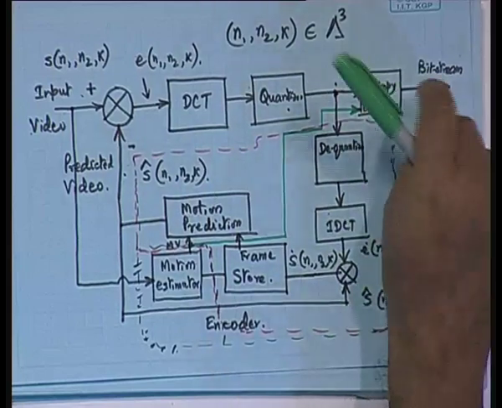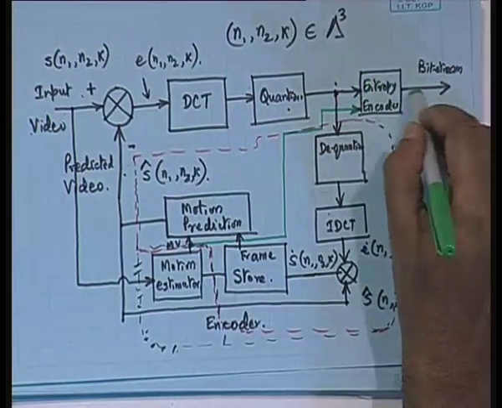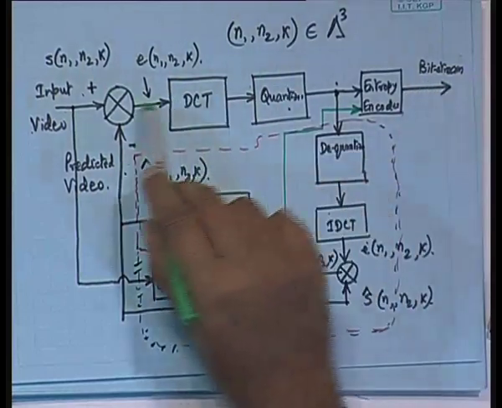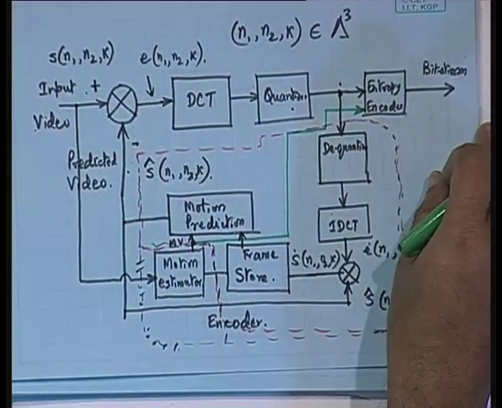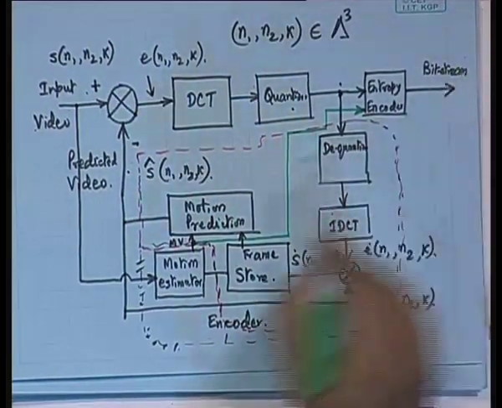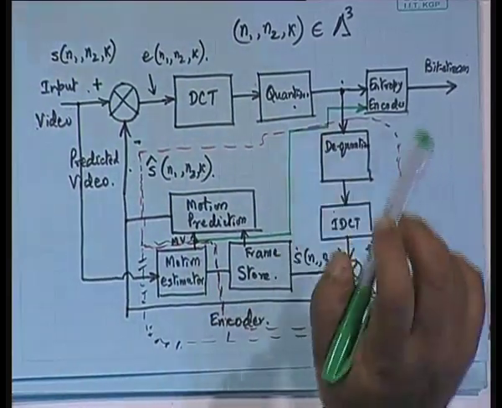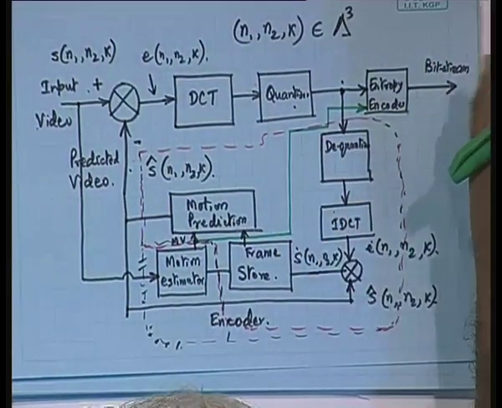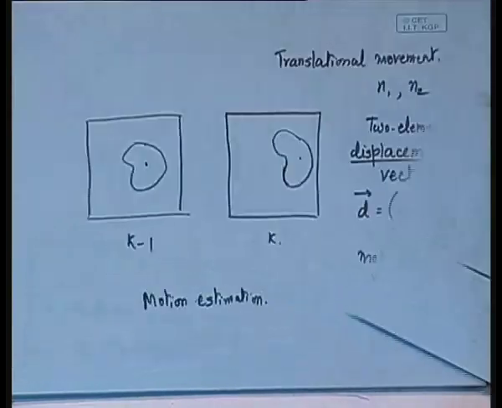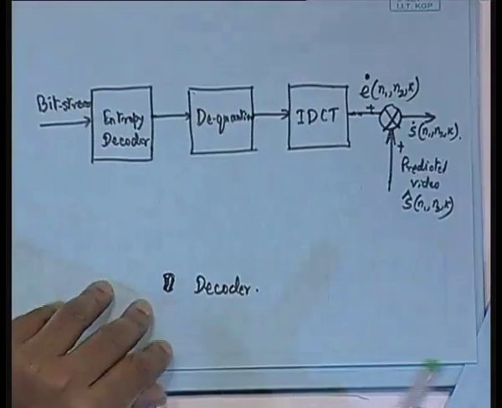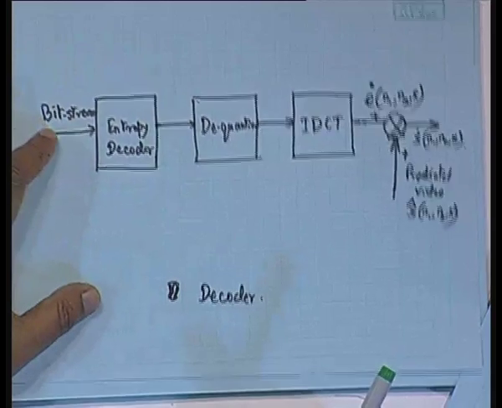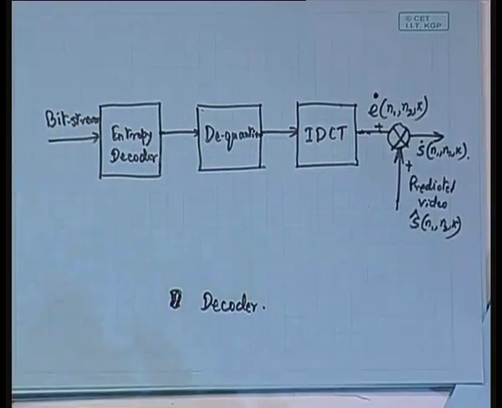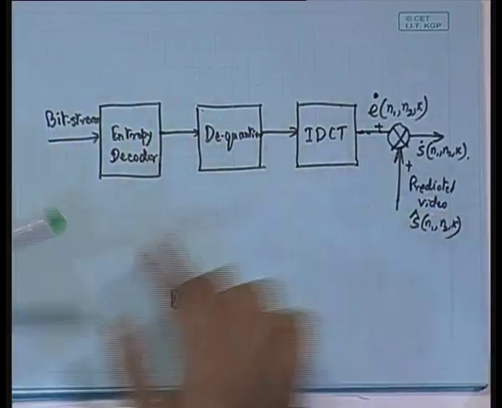So, what we are sending is not only the encoded error bit stream, but also the encoded motion vector bit stream. At the decoder block diagram, this bit stream has two components, one is the motion vector and the other is the signal.